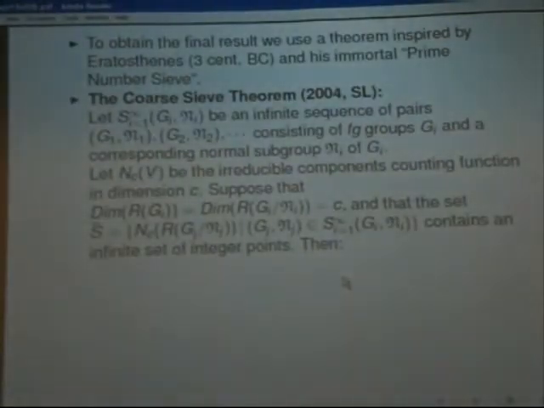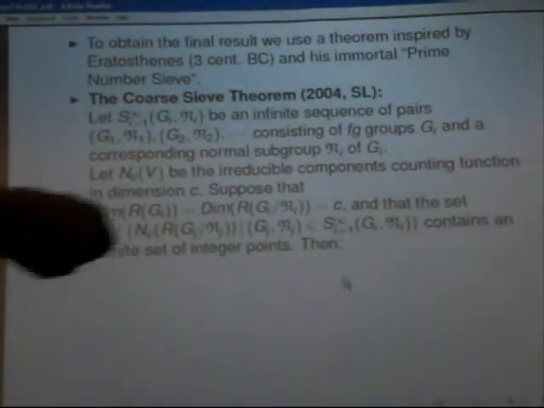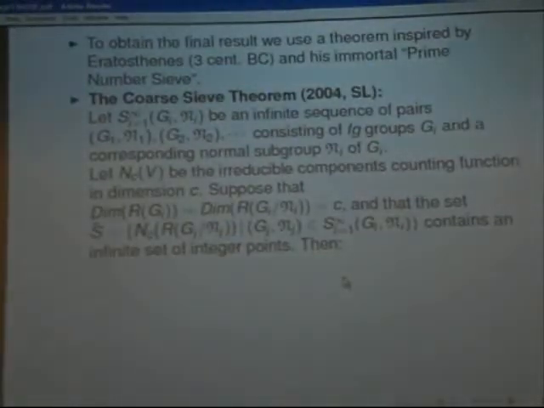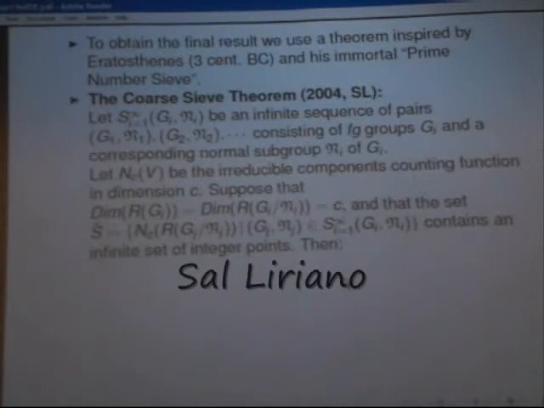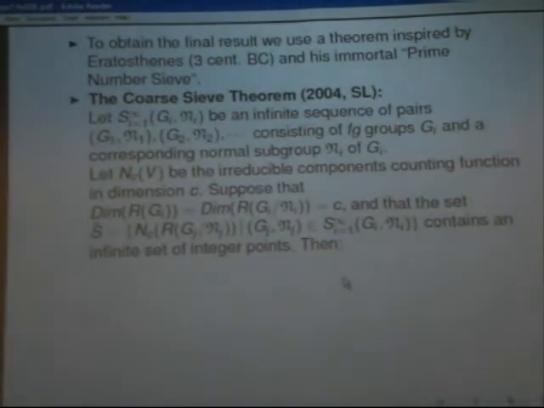So we have finitely generated groups, G sub I, and a corresponding normal subgroup N sub I of G sub I. And now we let n sub C of D be the irreducible component counting function in dimension C, and suppose that for this whole infinite sequence, the dimension of the representation space of G sub I is equal to the dimension of the representation space of G sub I modulo the normal closure of the normal subgroup N sub I, and this is equal to C. And suppose that this set here has an infinite number of integer points.